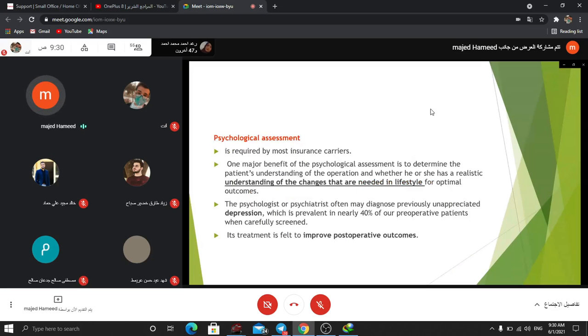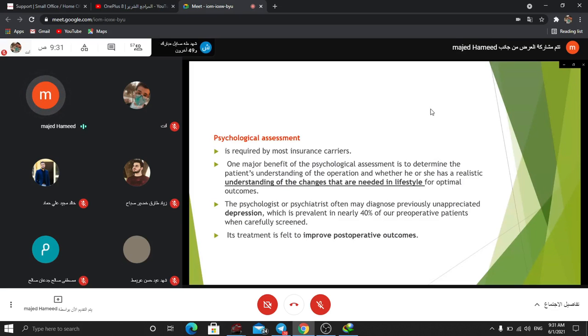Psychological assessment is required by most insurance carriers. One major benefit of the psychological assessment is to determine the patient's understanding of the operation and whether he or she has a realistic understanding of the changes that are needed in lifestyle for optimal outcome.